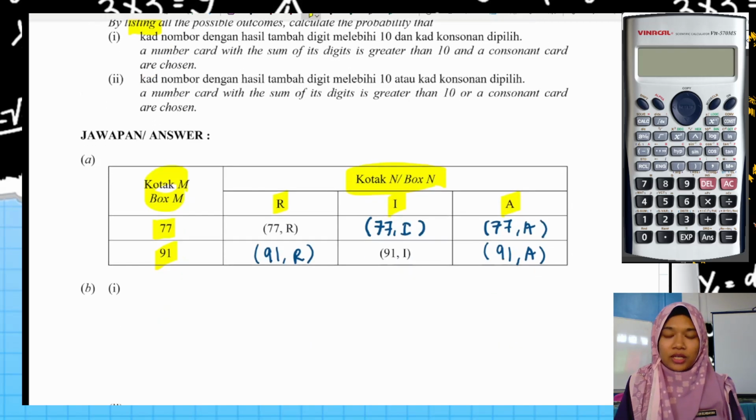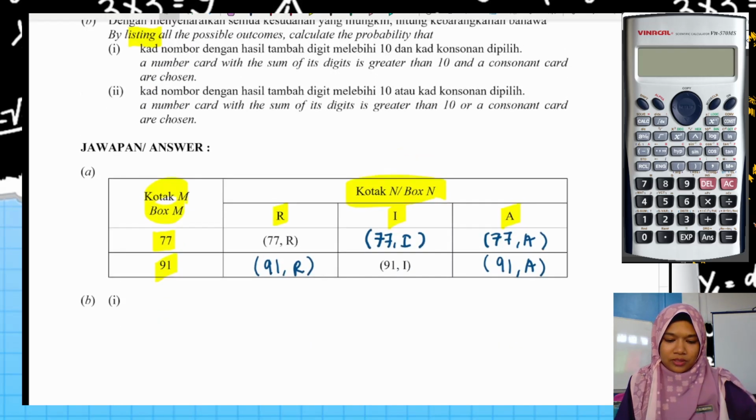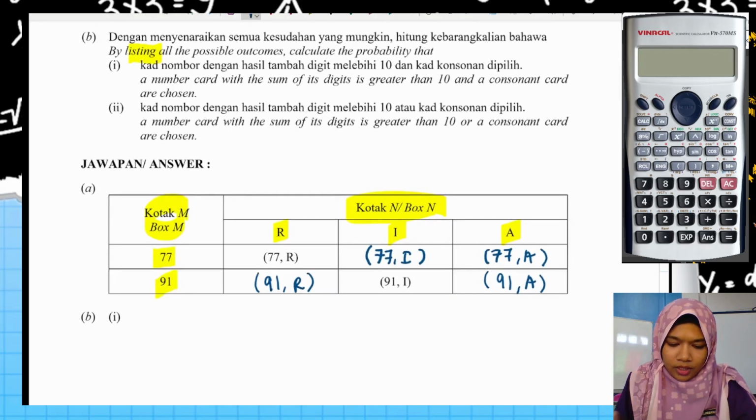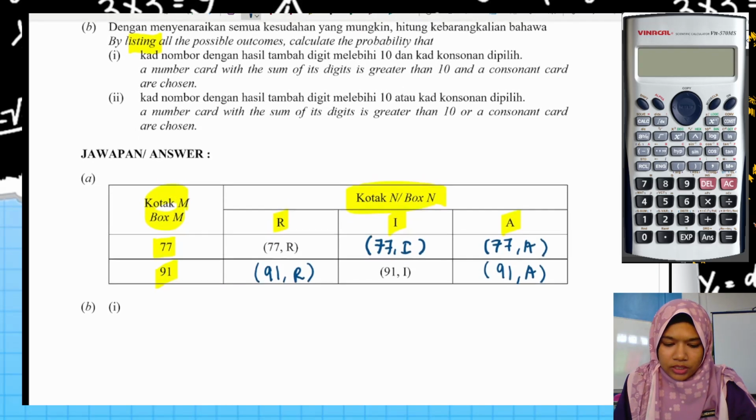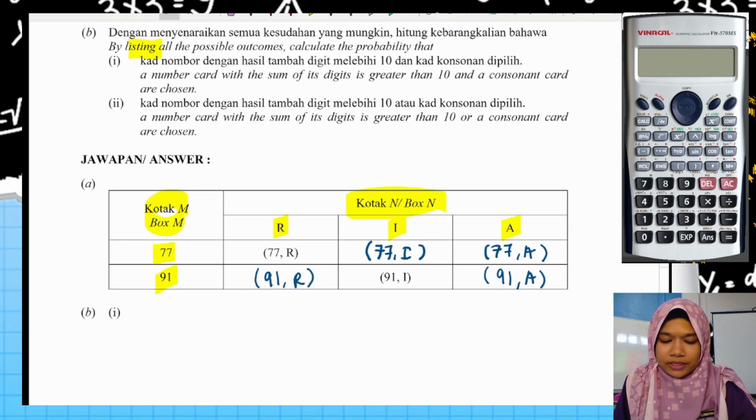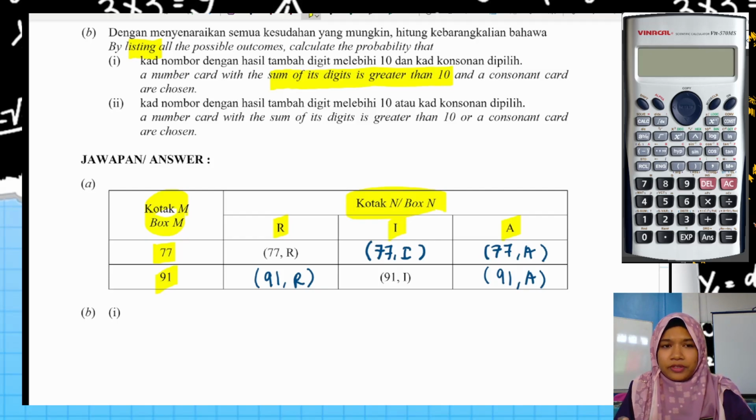Okay. Cikgu tunjukkan macam mana nak jawab this question. A card is chosen, and so on. Calculate the probability that a number card with sum of digits greater than 10. Okay. Maksudnya 77. Kita tambah kedua-dua digit tu. 7 plus 7 is 14.